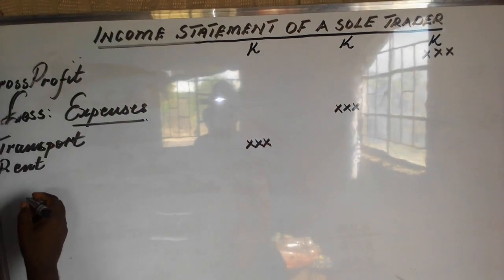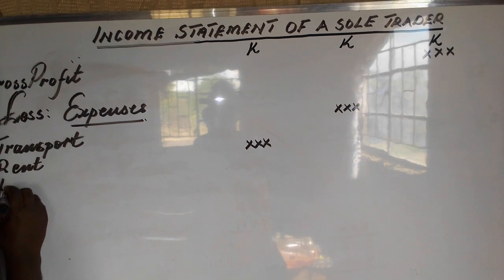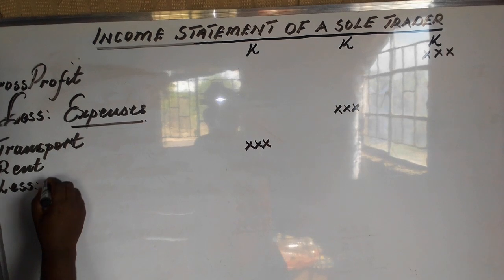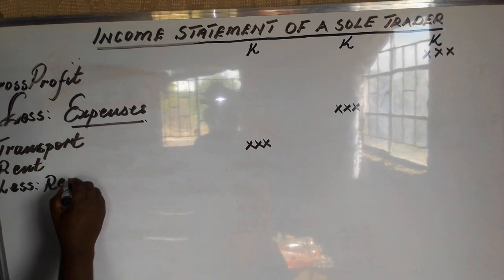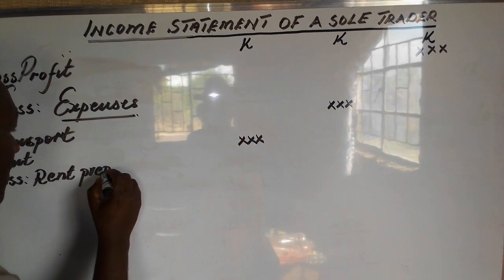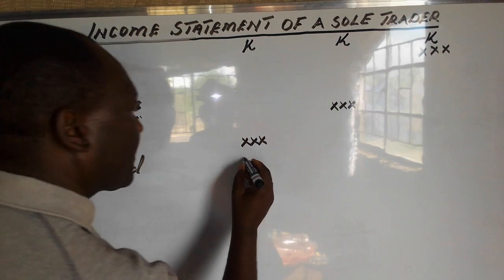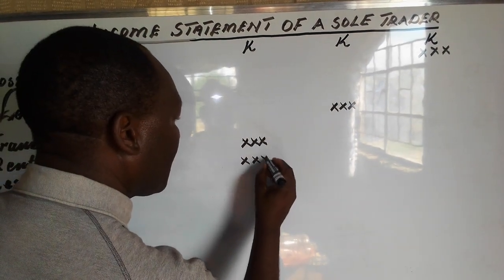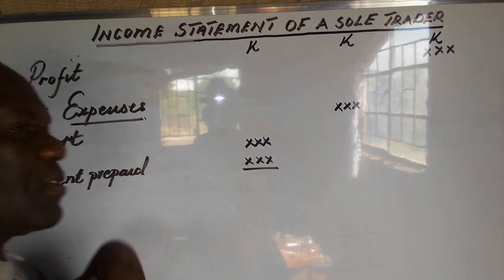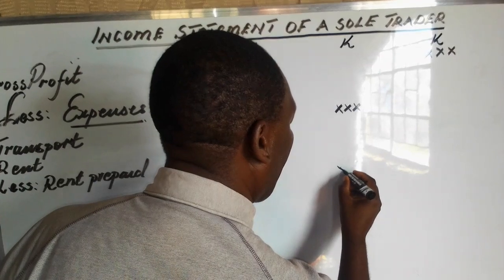So you say, because you have paid in advance, less rent prepaid. You are supposed to subtract it because you paid in advance. So the figure that you get comes there.